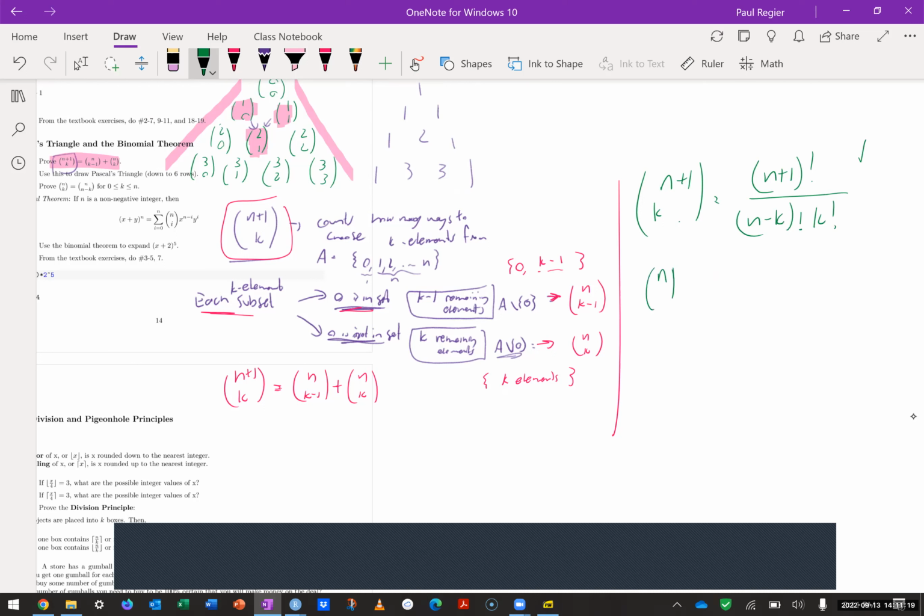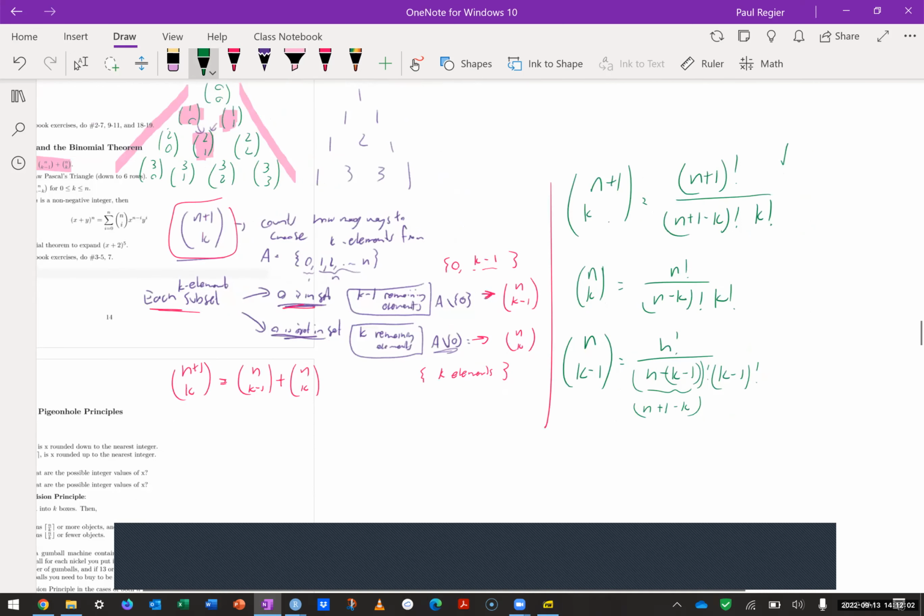And n choose k is n factorial over n minus k factorial, k factorial. Oh, I did something wrong up here. And then n choose k-1 is n factorial over n minus k plus 1 factorial, k-1 factorial. And that's the same as n plus 1 minus k.